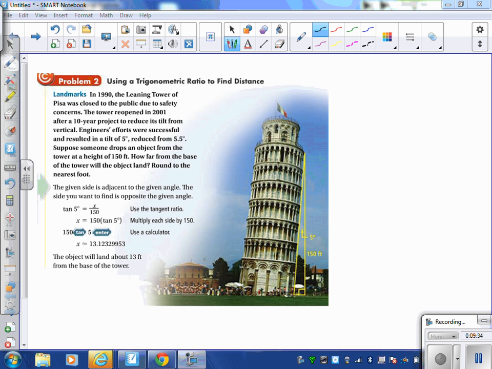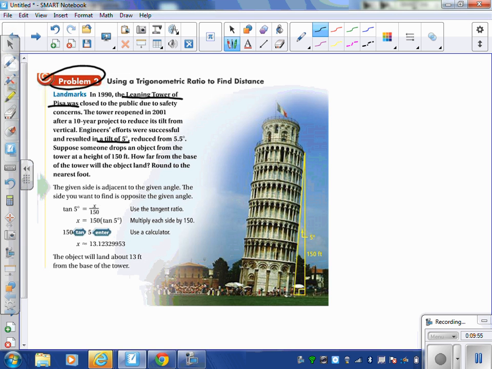Let's take a look at problem 2 using the information that we just learned. We're given this picture of the Leaning Tower of Pisa, and after reading this information, we know that it has a tilt of 5 degrees.